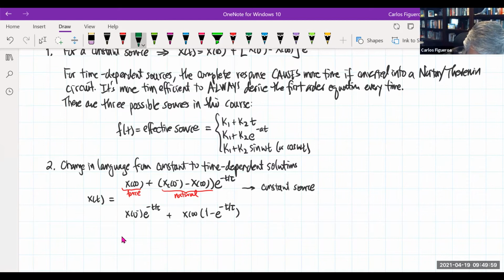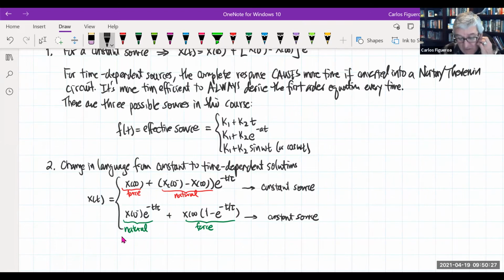Instead of using the constant source language like this, just because it was mathematically nicer to do it, I'm going to call this the natural response for a time-dependent solution. And even though this is true for a constant source, it looks like this here. So remember, this is also true for a constant source. So I'm changing the language.